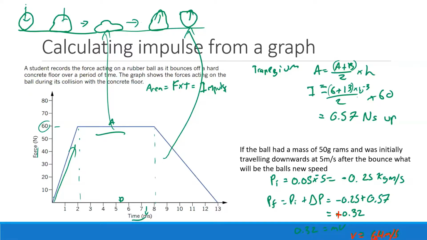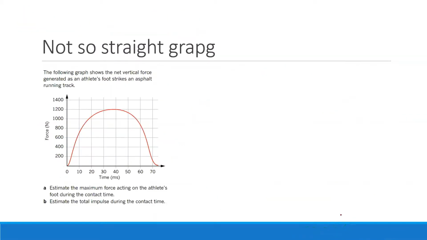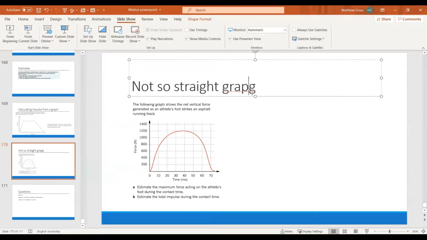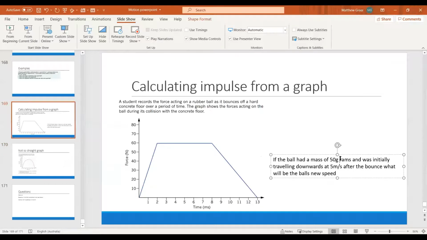The last little bit here, and this is going to be the last thing I teach you guys today, is going to be this guy here. And this is a not so straight graph. Let me just fix this, shall we? So, how do we do a not so straight graph?